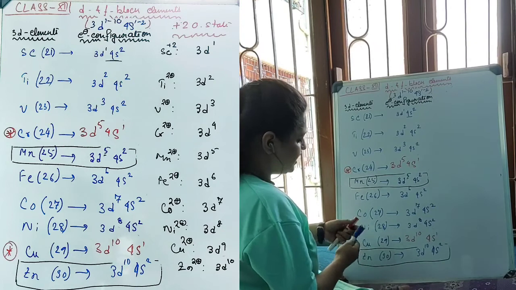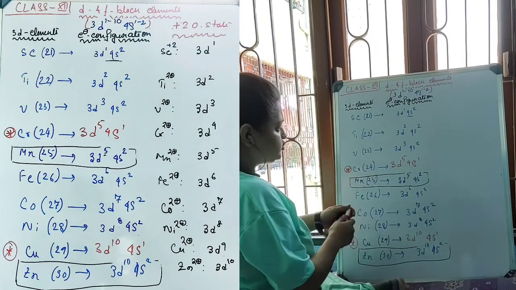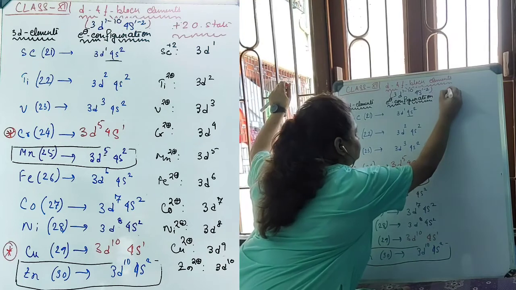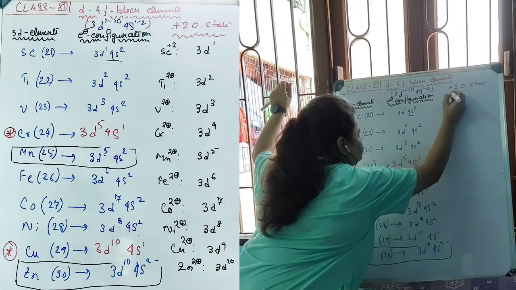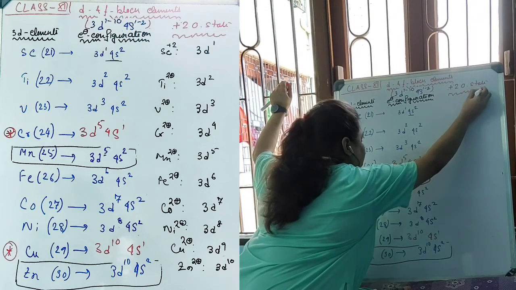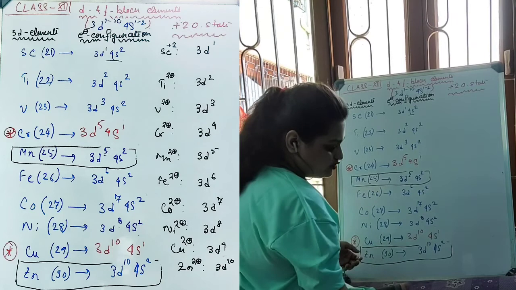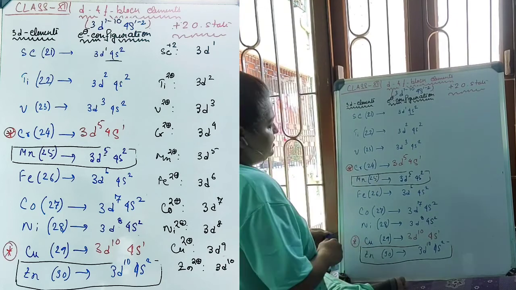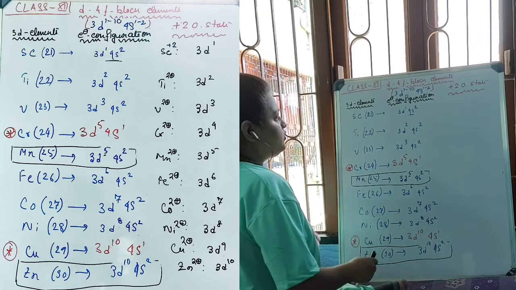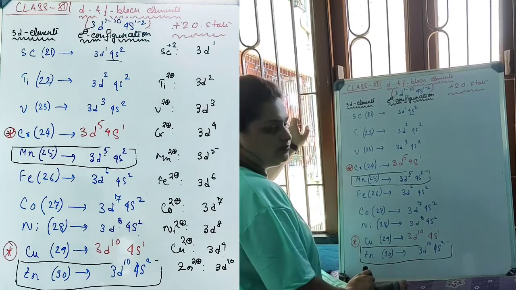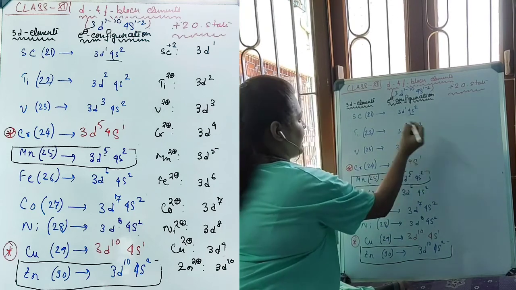When these elements are in their +2 oxidation state, the +2 electronic configuration for any element can be found by removing 2 electrons from their valence shell.